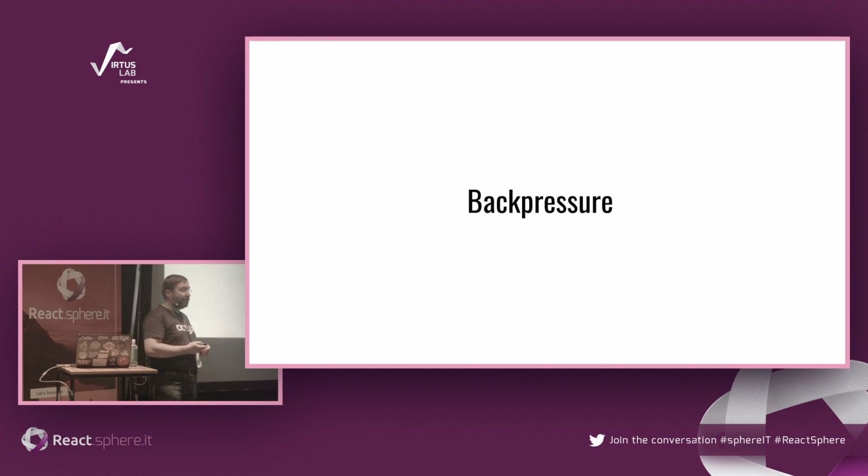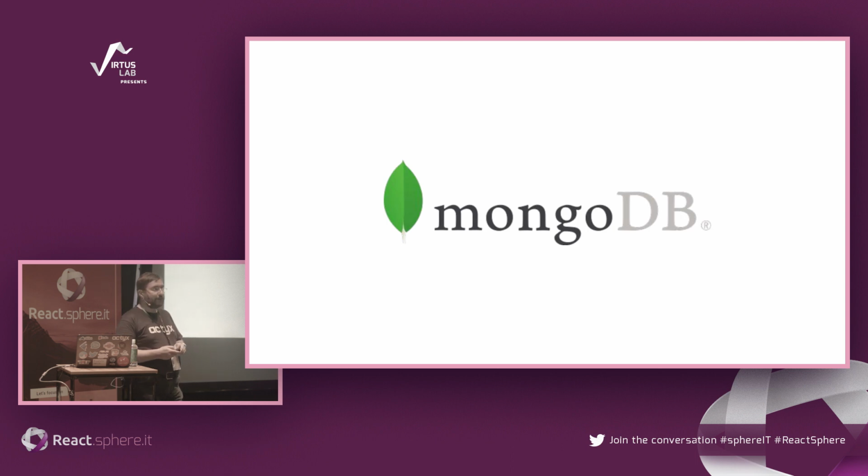Okay, back pressure. So we come to the most important thing in streams, the back pressure thingy. And I think that's the most important element when you want to either use the Alpakka integrations or want to create your own Alpakka integrations. Okay, first, MongoDB.